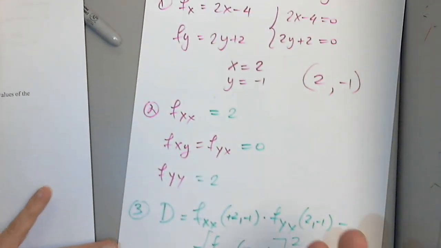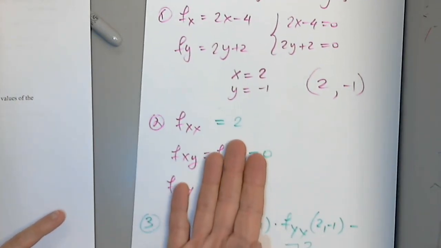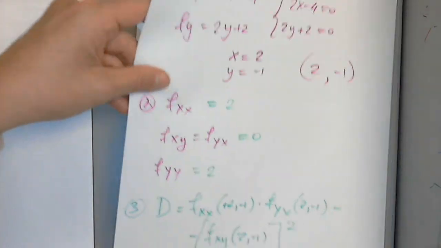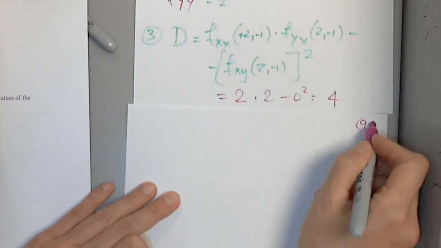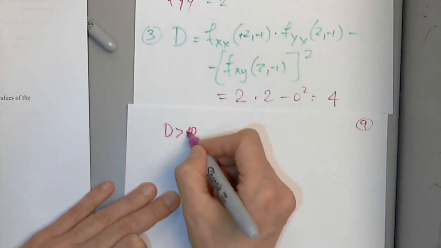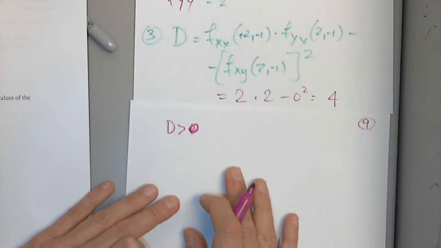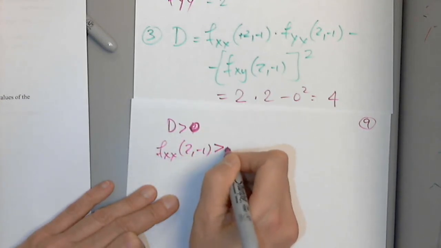But fxx is a positive number. So then I don't have to plug in anything because there is no room to plug in anything. So D is 4, which is positive. And fxx at 2, -1 is also positive.